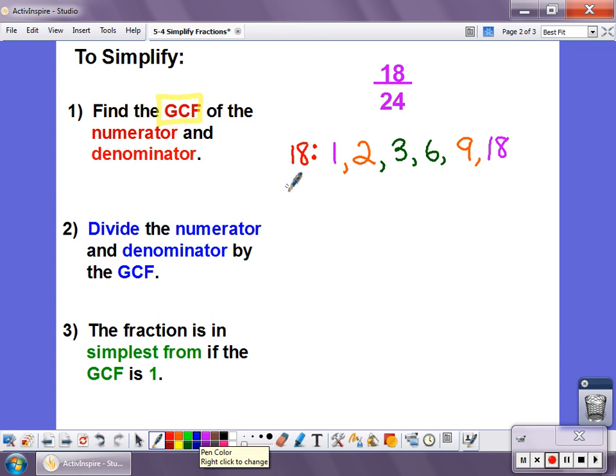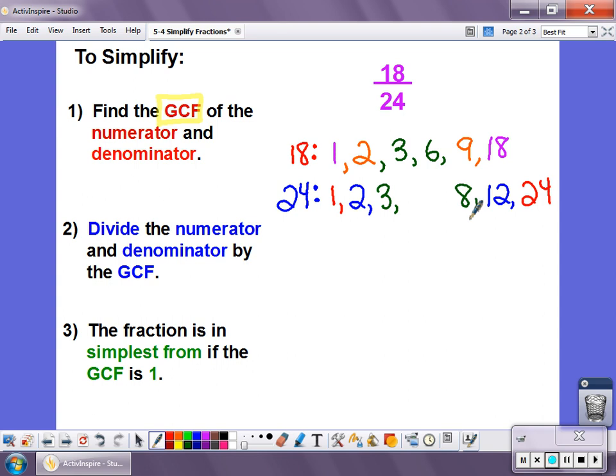I'm going to do the same thing with 24. So 24 is going to be 1 times 24, and then it's also going to be 2 times 12. It's also going to be 3 times 8. And finally, it's going to be 4 times 6. So those are all the factors I have in these two numbers.